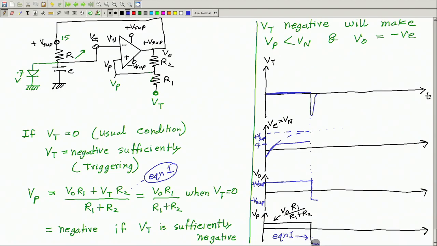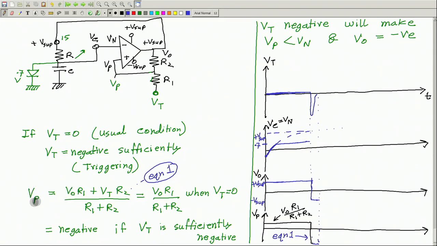Now, after a small while V t is becoming 0. Okay. So, after this moment, so if I come here, V t is 0. Okay. After this point V t is 0. So, here this term will be 0, but now you see V o is already negative, because V o has gone negative.